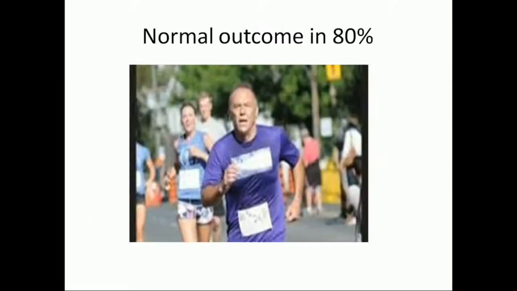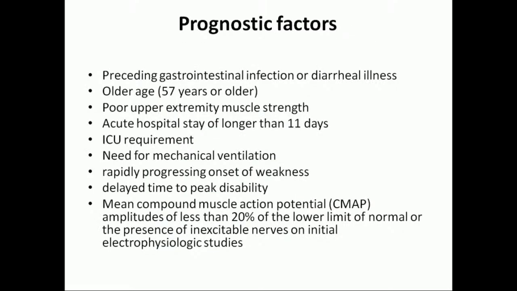So we have seen that almost 80% of the patients may have normal outcome, and poor prognosticating factors are preceding onset of gastrointestinal infection, older age, poor upper extremity strength, acute hospital stay more than 11 days, ICU requirement, need for mechanical ventilation, rapid progression of onset of weakness, and delayed time to peak disability. So these are the bad prognosticating signs.